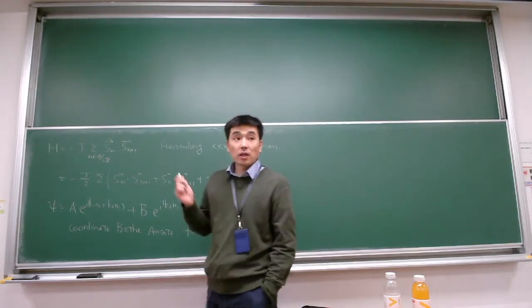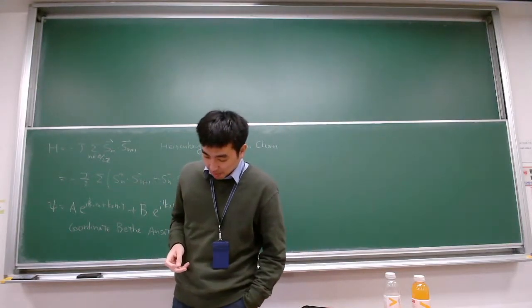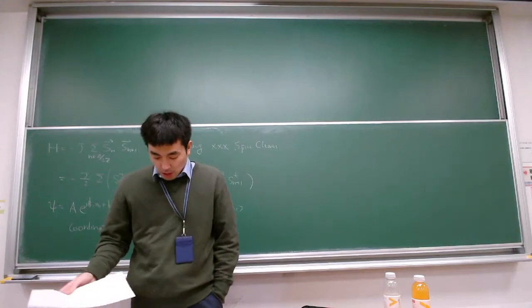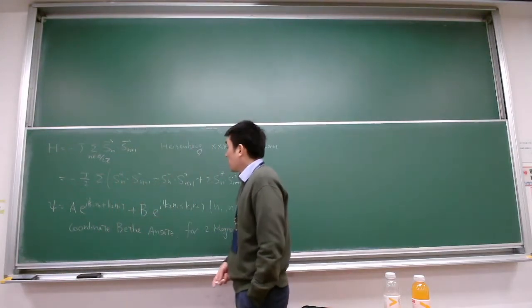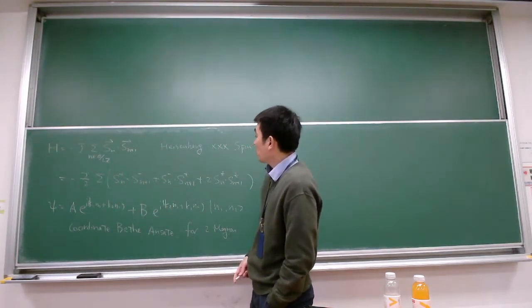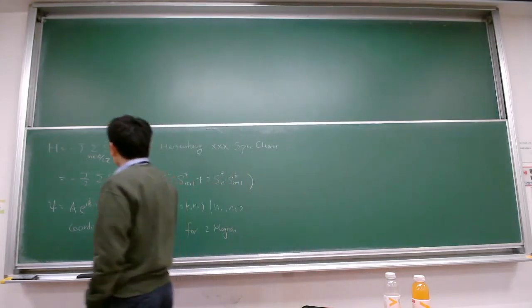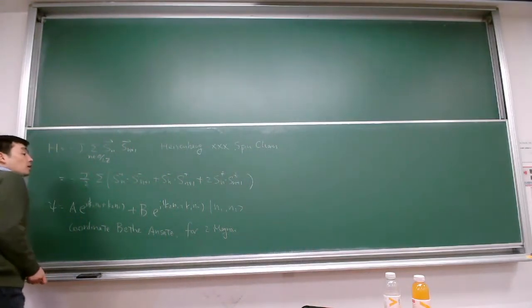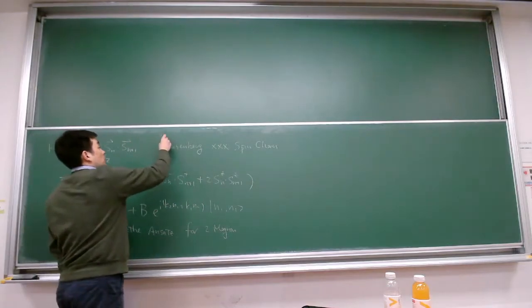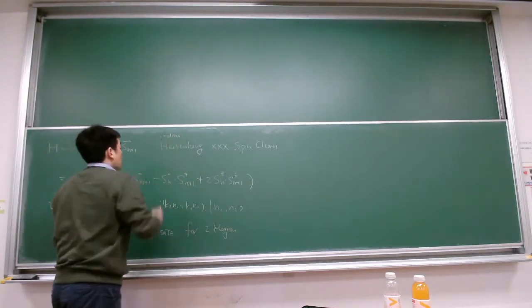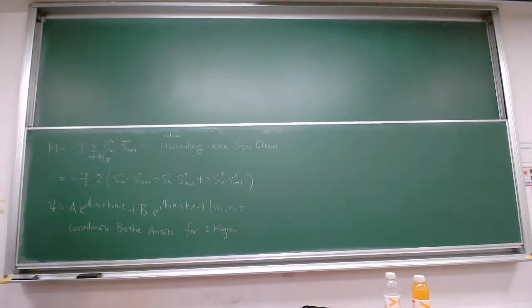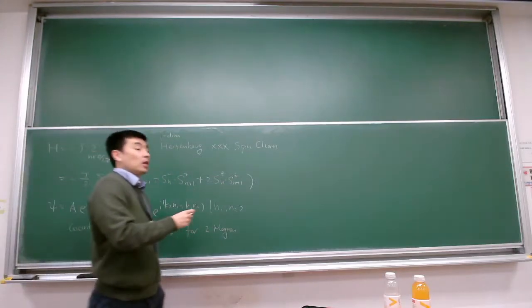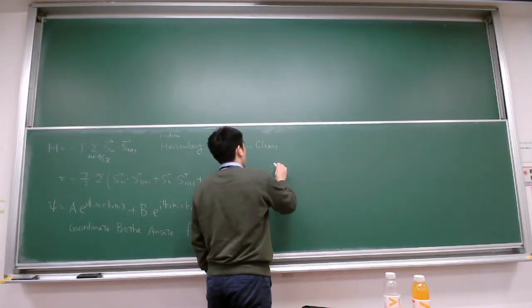So the Hamiltonian is given by this one-dimensional Hamiltonian, with the spin operators S plus, minus, and so on.